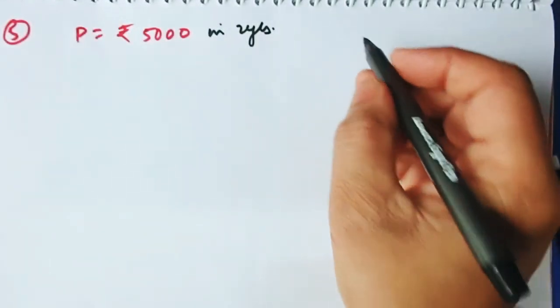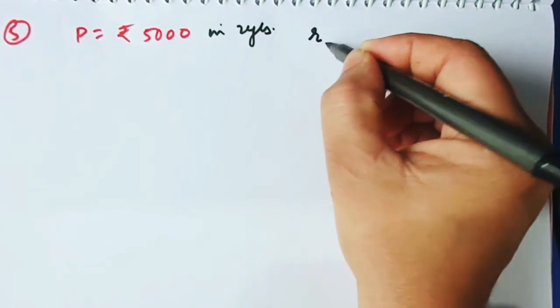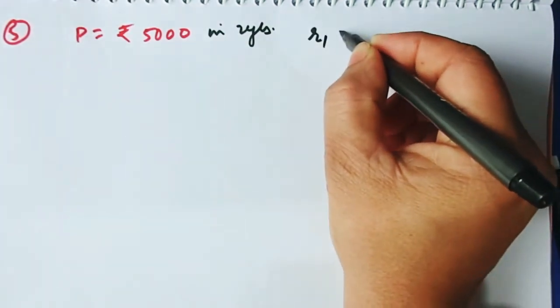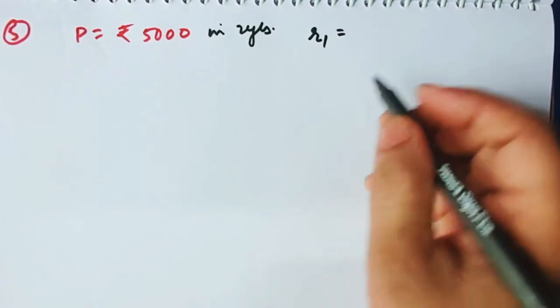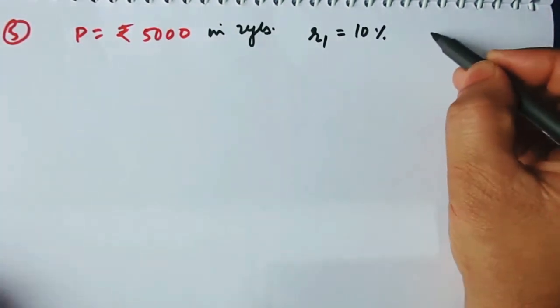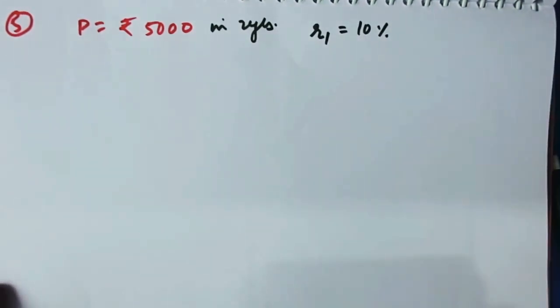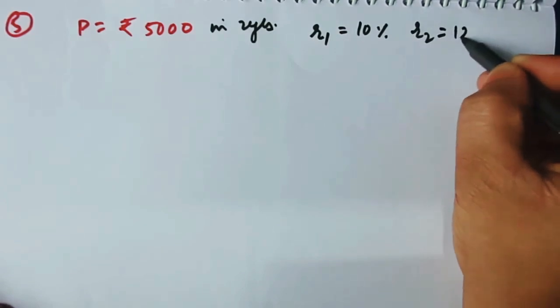If the rate of interest for successive years be 10% and 12%, it means here your rate is not constant. They have given you the rate for the first year is 10%, while your rate for the second year, which you call R2, is equal to 12%.